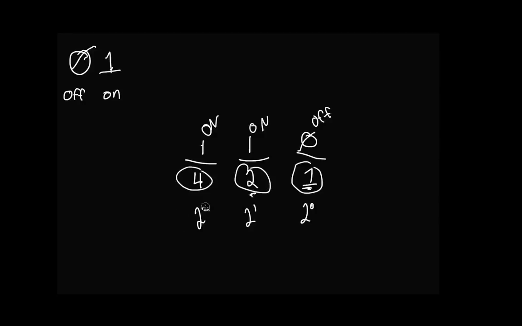So I'm going to clear some of this information we don't need, right? You don't need to know the powers of 2 beneath each of these, but you do need to know the values, right? So let's clean it up a little bit. We really have 3 bits, 1 that's off, but it would have been worth 1, and 2 that are turned on that are worth 2 and worth 4.